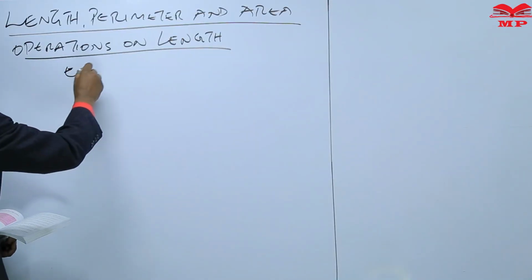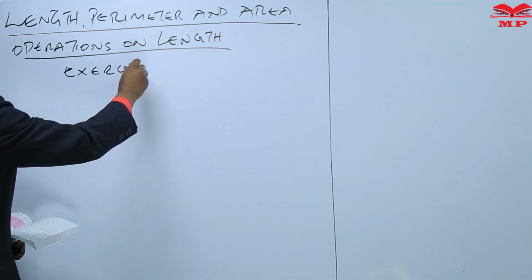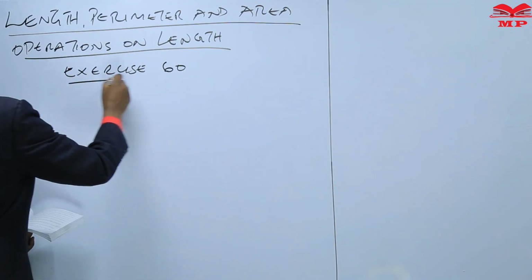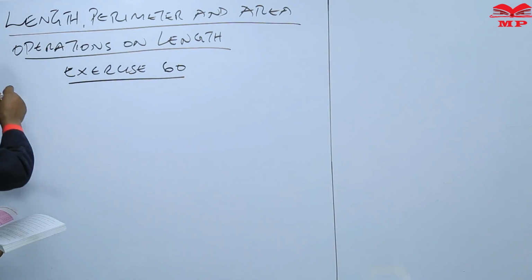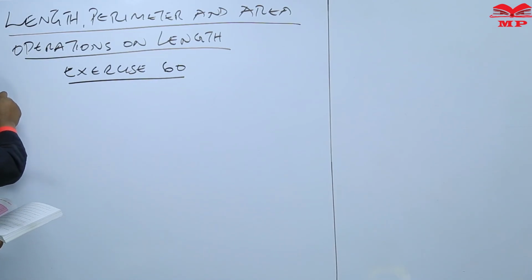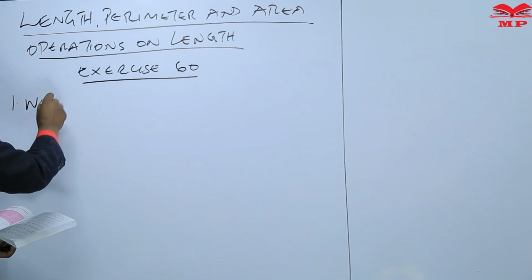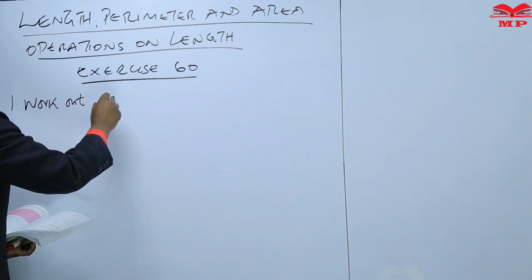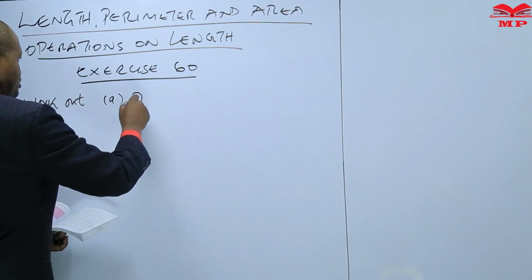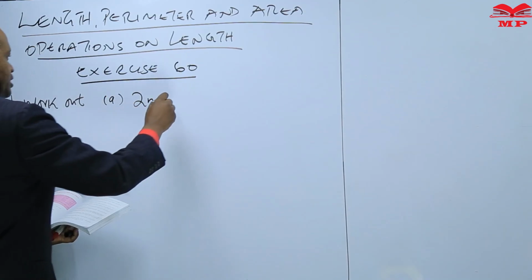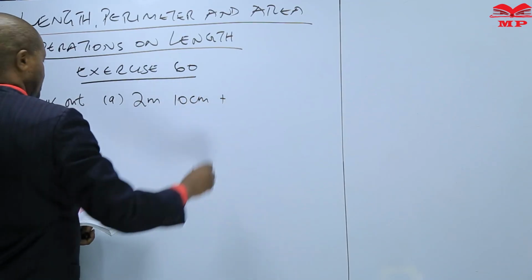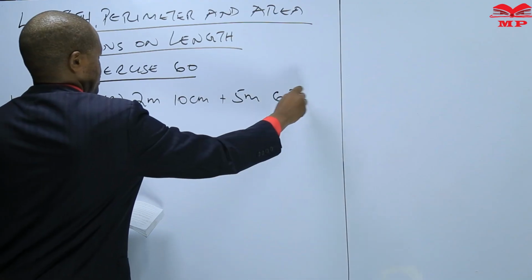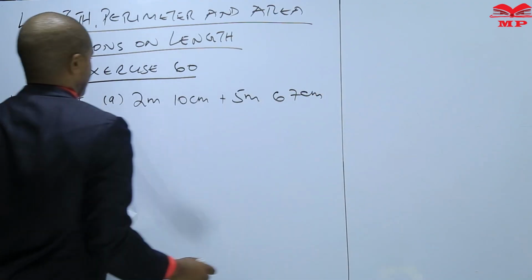This is exercise 60. Question 1 reads, work out A, 2 meters and 10 centimeters plus 5 meters and 67 centimeters.